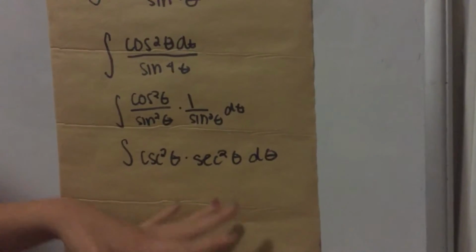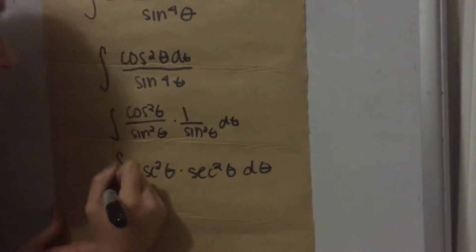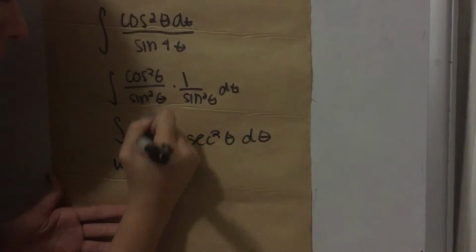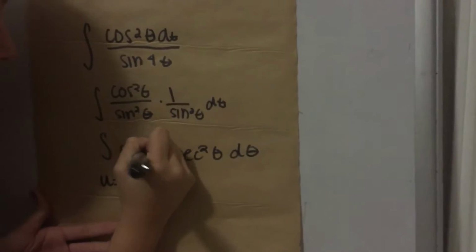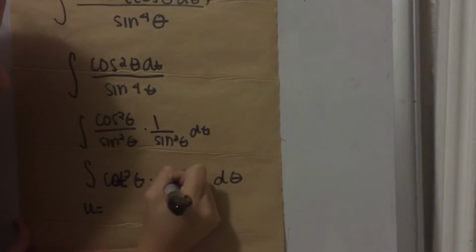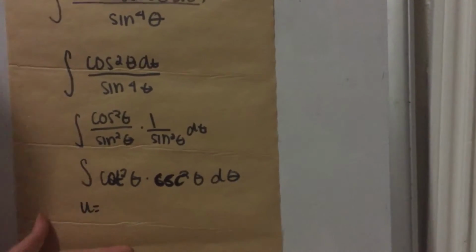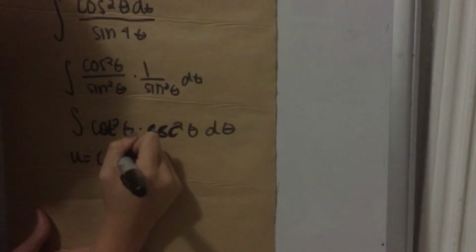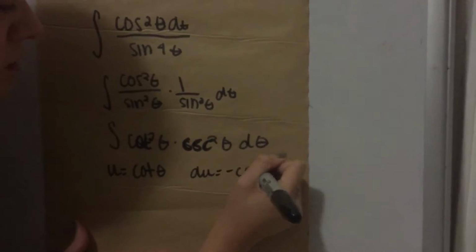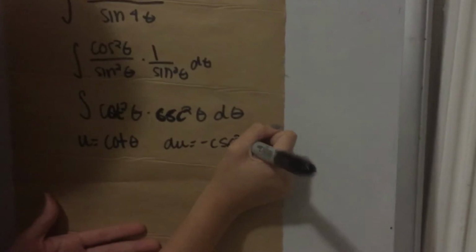So we're going to use u substitution. So in this case, u is going to equal cotangent theta, du is equal to negative cosecant squared theta d theta.